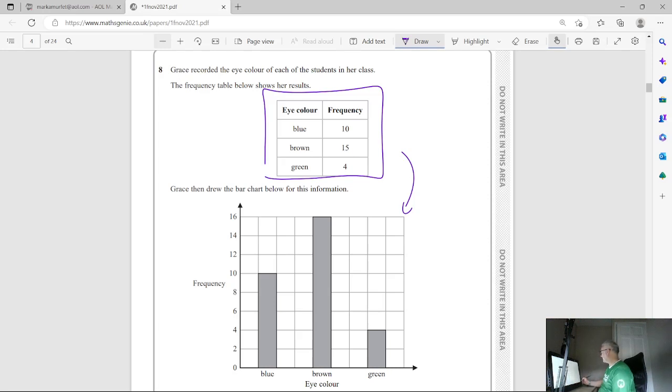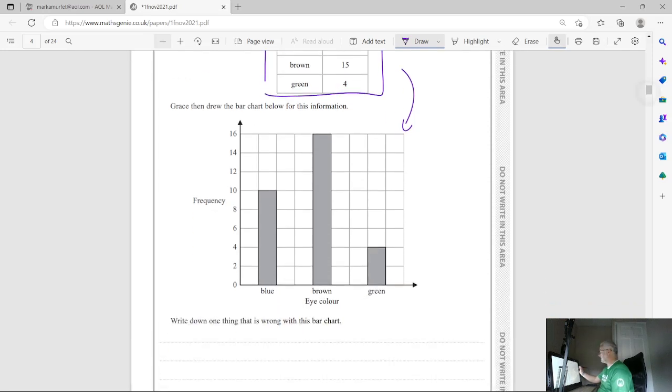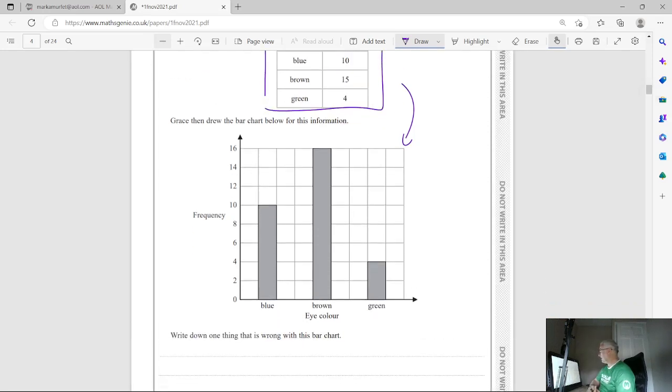So if we can just go down to the question. Write down one thing that is wrong with this bar chart. Okay, so let's check the colours for a start. We've got blue, and that's at 10. We've got brown, and that's at 15. Hang on, that's at 16. So there's that one thing.